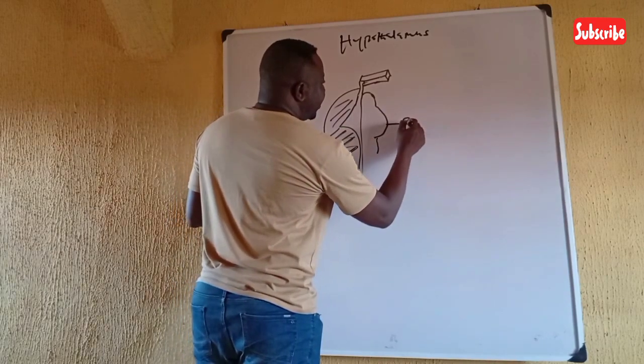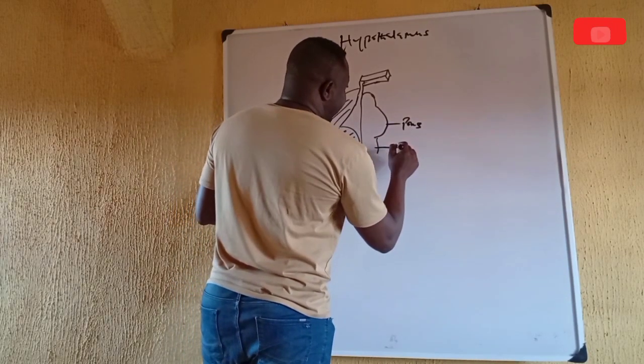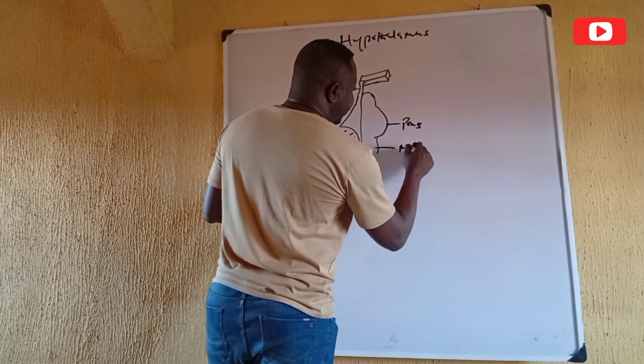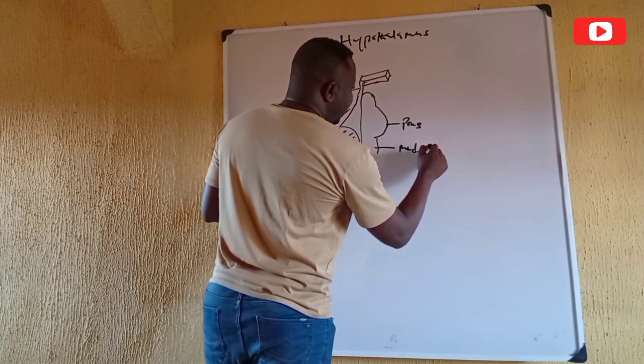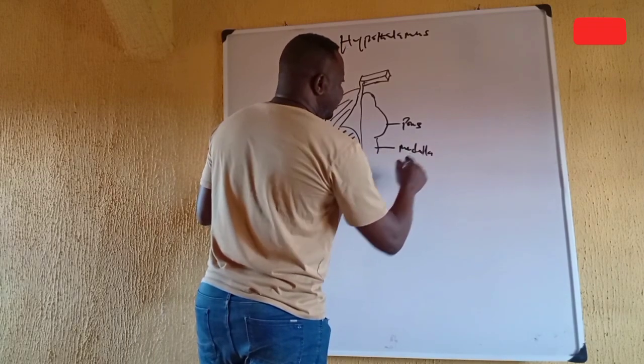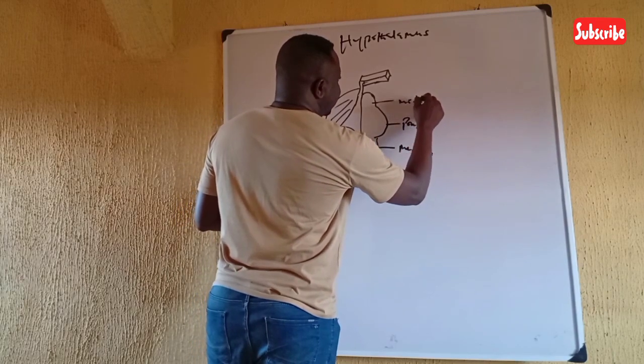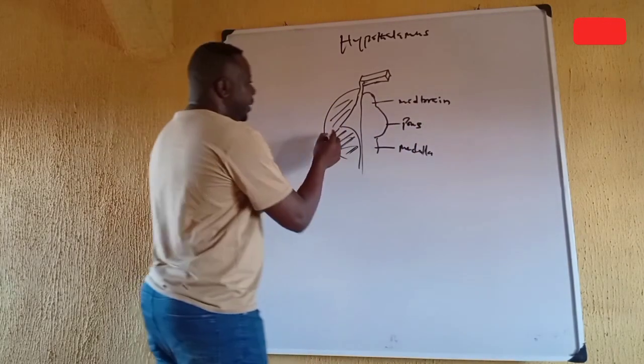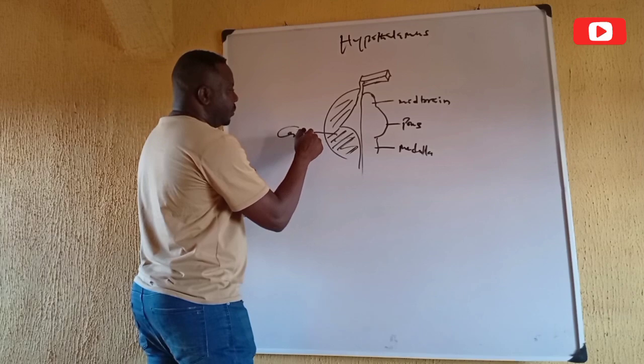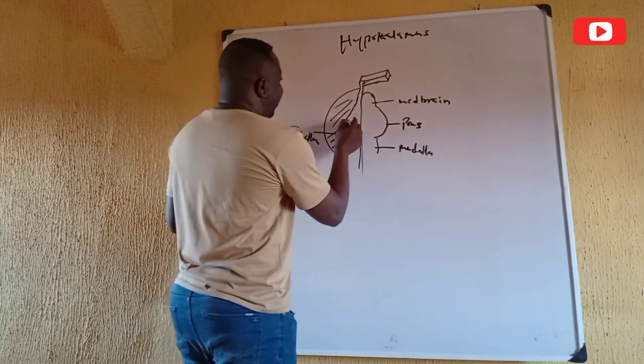This is the pons, this is the medulla oblongata, this is the midbrain, this is the cerebellum, and this is the fourth ventricle.